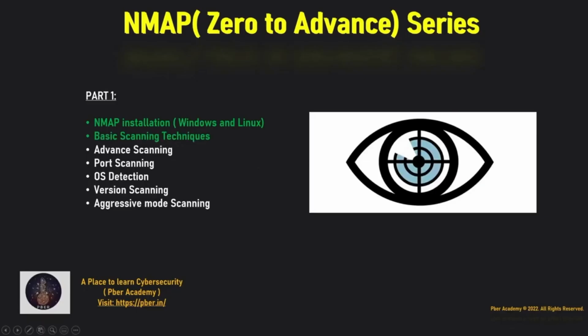Scanning techniques. This session covers the basics of network scanning with Nmap. Before we begin, it is important to understand the following concepts. Firewalls, routers, proxy servers, and other security devices can skew the result of an Nmap scan. Scanning a remote host that is not on your local network may provide misleading information because of this.